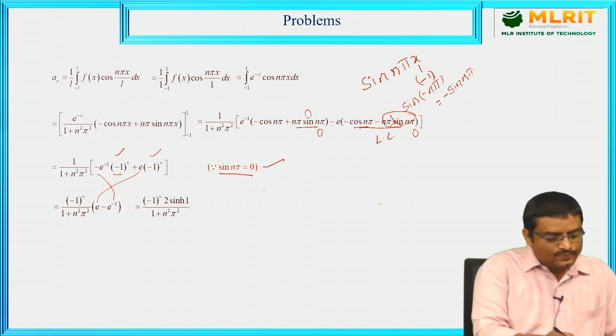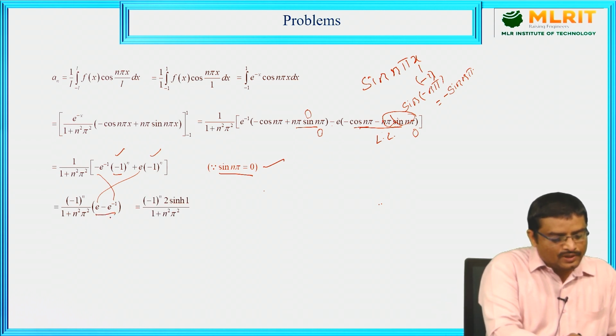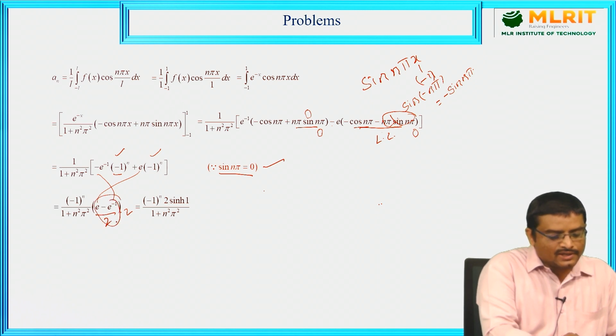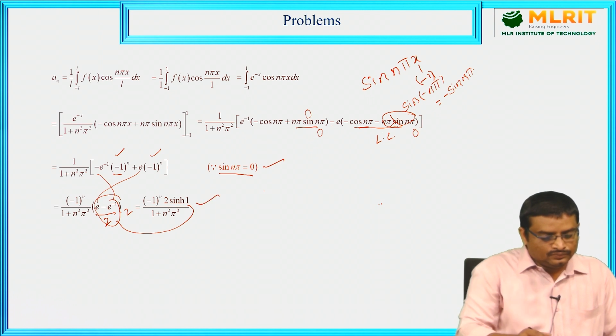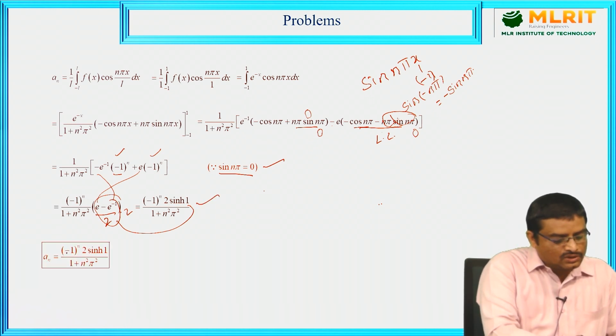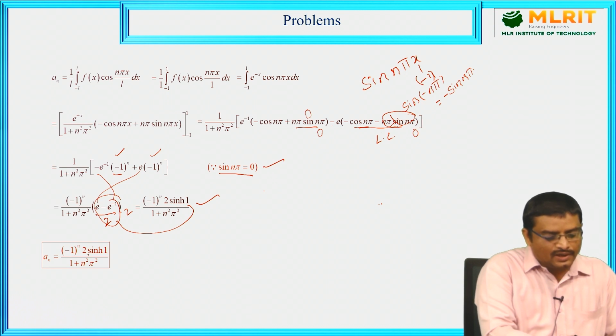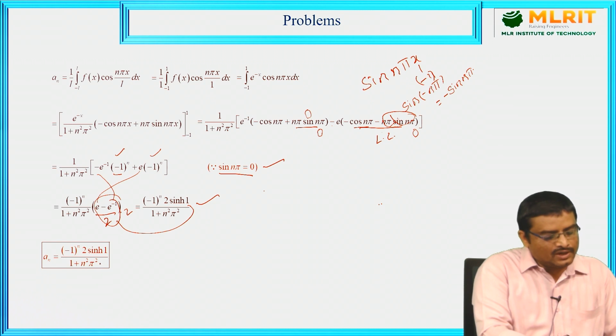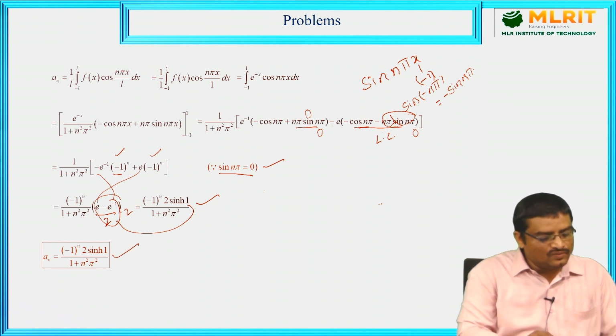Here also if you want, you can multiply the numerator and denominator with 2. So this becomes 2 into sinh 1. Now finally we got that an is equal to minus 1 whole to the power of n into 2 sinh 1 by 1 plus n square pi square. This is the value of an here.